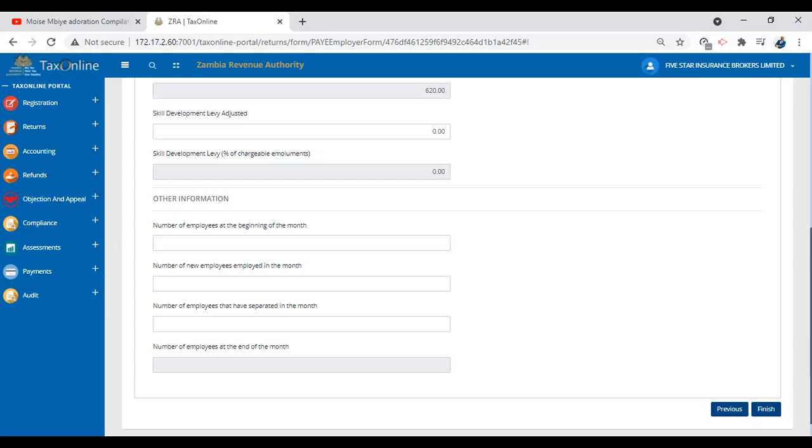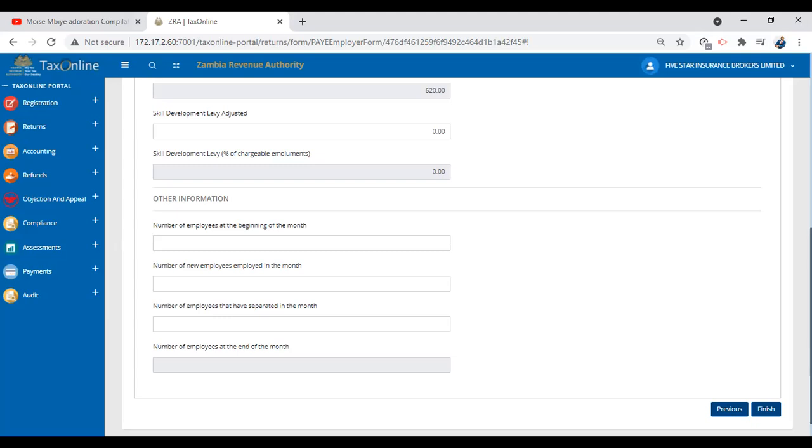No, they are not exempted. All the income that arises from employment is actually taxed. So even if someone is getting 4,000 and below, you must indicate in there, except when it comes to tax deducted.